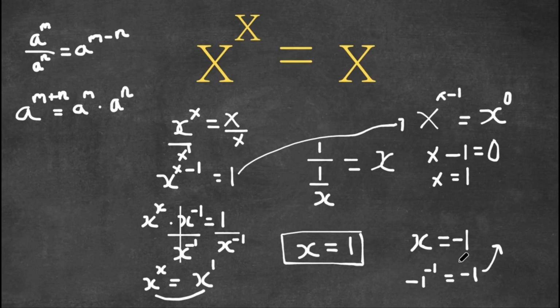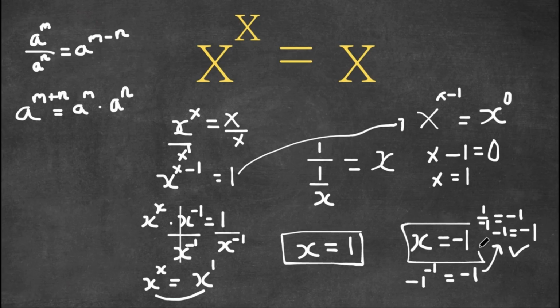Well, negative 1 to the power of negative 1 is simply 1 over negative 1, and 1 over negative 1 is simply just negative 1. So negative 1 equals negative 1. So this is right. x equals negative 1 is also a solution to this equation.